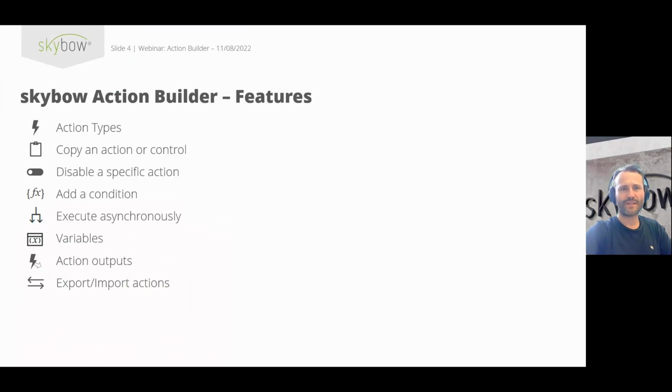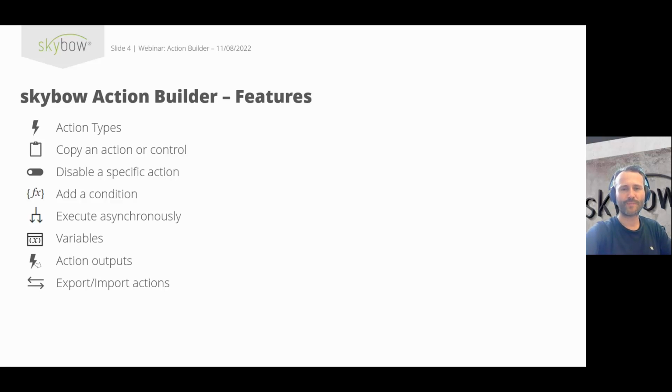The skybow action builder, the thing I'm going to show you today, is the different action types that we have, and how you can easily copy an action or a control from one place to another.